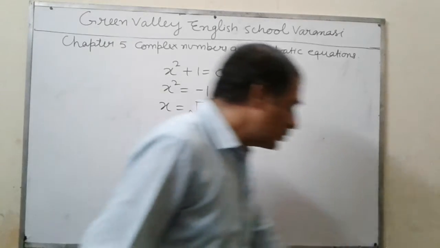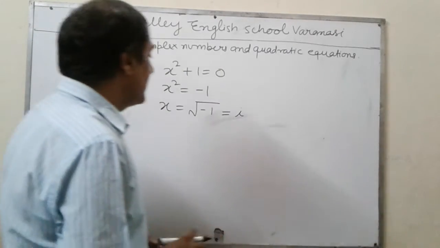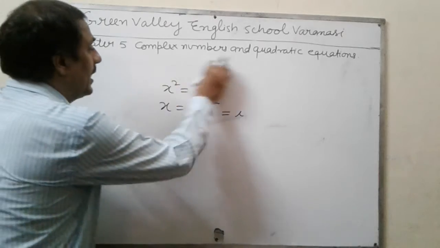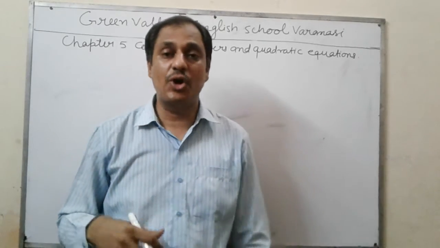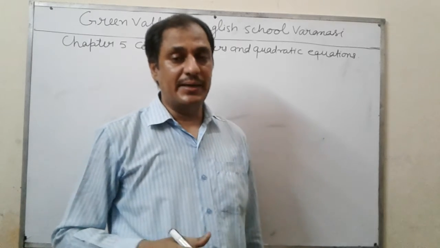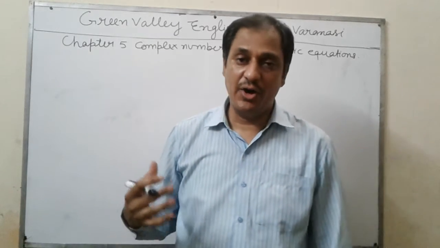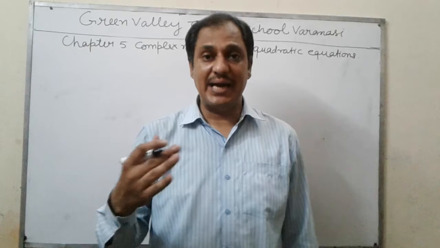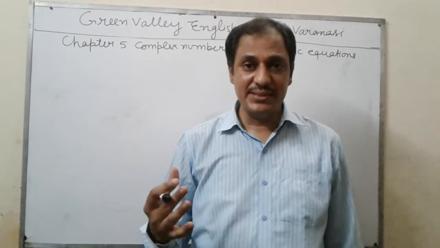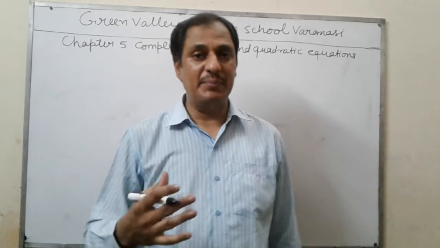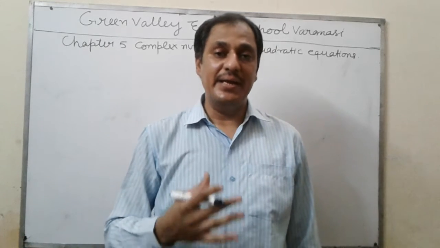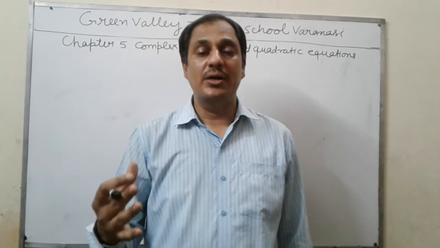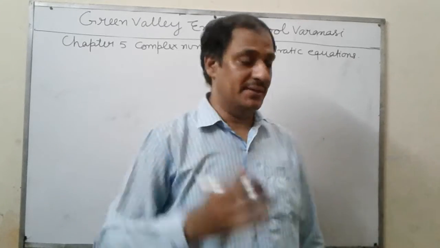Okay, so children, now in the next segment we are going to define the term complex number. A number that can be represented in the form a plus ib is called a complex number.